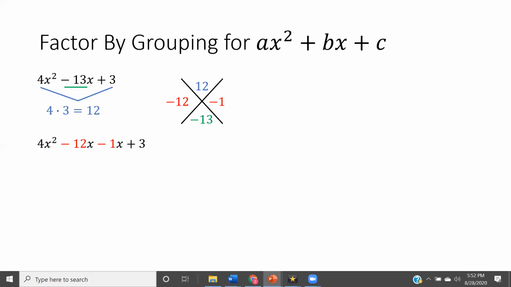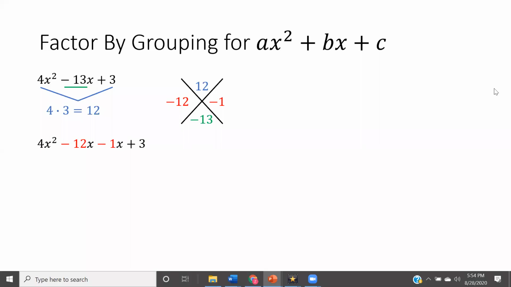Whatever I get as those two sides of my X, I bring one of them and put that in front of an x, so -12x. I bring the other one, put it in front of an x, so -1x. And then I just bring down my first term, 4x squared. That guy didn't change, that's why he's still in black. And bring down 3, that guy doesn't change, he's still in black. Now is a good time to pause again to make sure that makes sense.